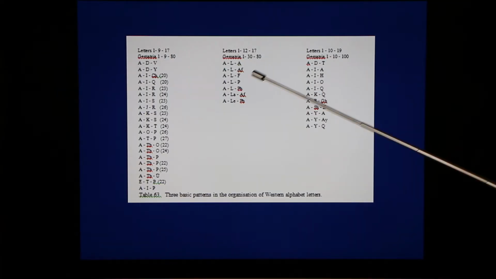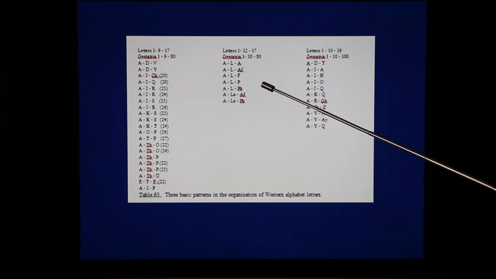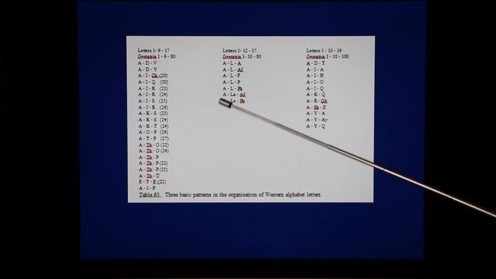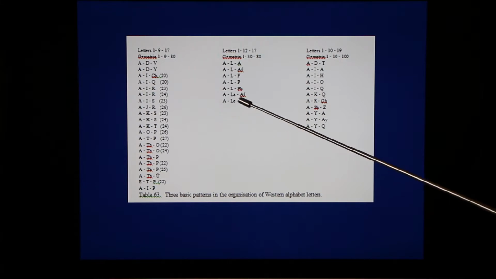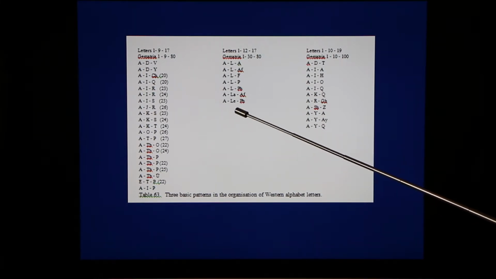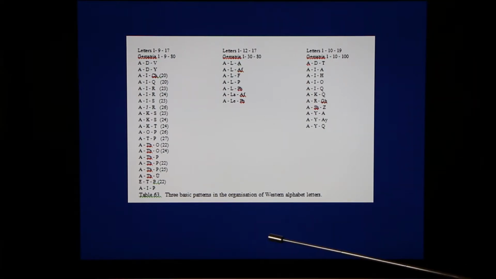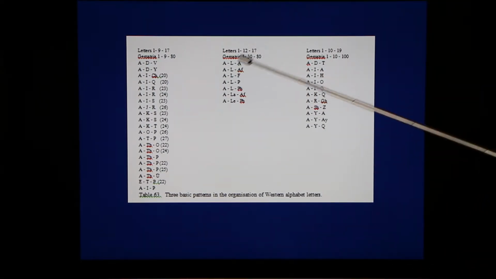ALA, ALAF, ALF, ALP, ALPH, ALAF, ALEPH. These are all the letters that we use to describe the letter A. Aleph, or Alif, or Alaf.